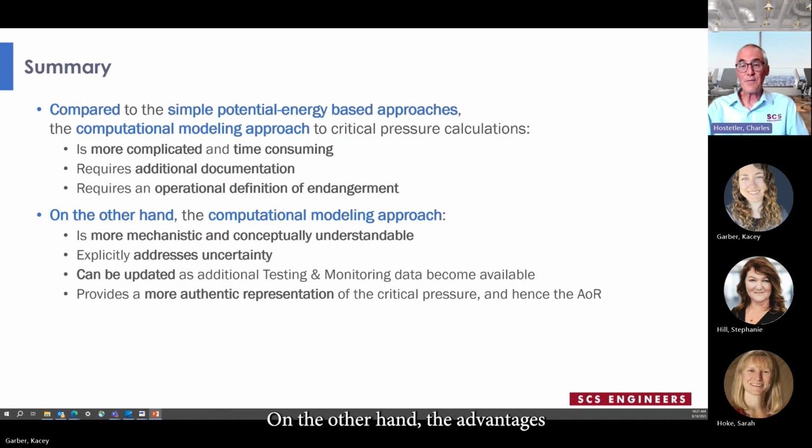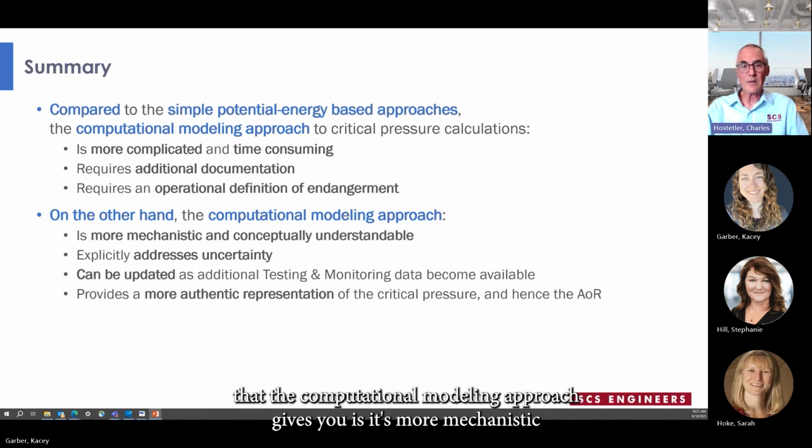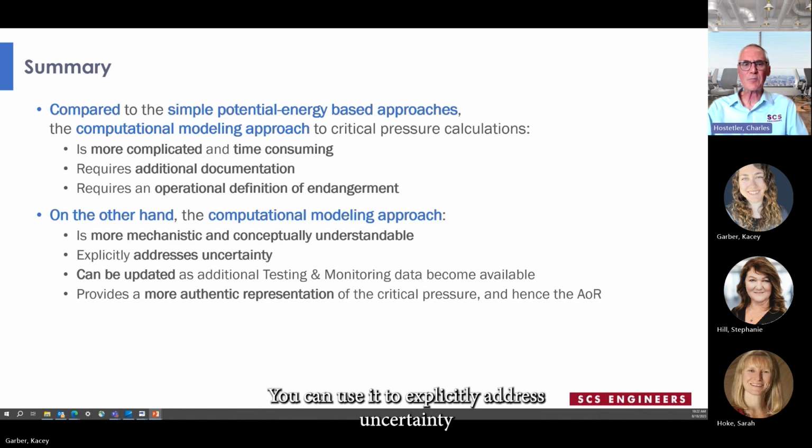On the other hand, the advantage that the computational modeling approach gives you is it's more mechanistic and conceptually understandable, I think, than a superposition of states. We're actually tracking the movement of parcels of brine over time, and we can make movies of it, and we can show what happens. You can use it to explicitly address uncertainty.